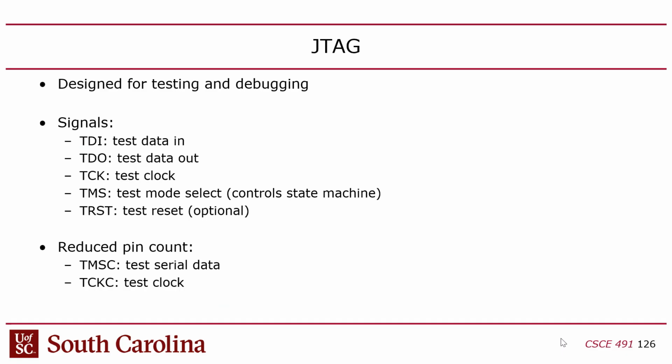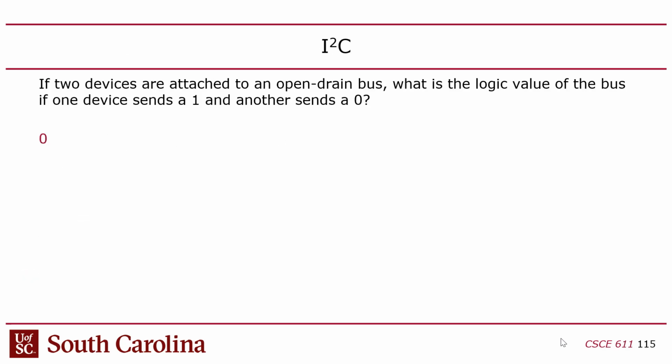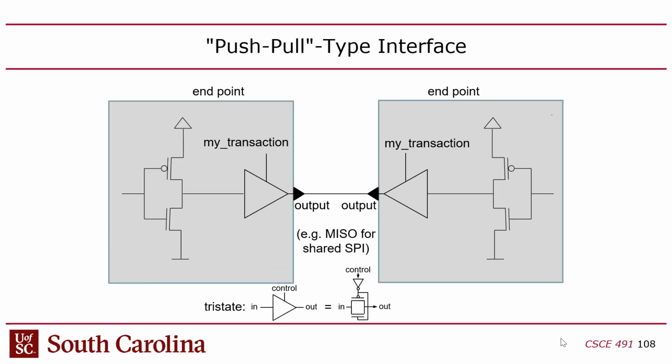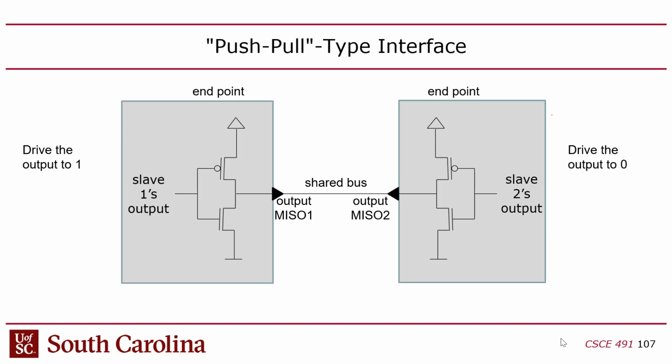Let's go ahead and continue our previous lectures. We were talking about interfaces. If you have an SPI interface that uses a push-pull circuit, and you have a shared bus, that could cause an issue if you have two drivers.